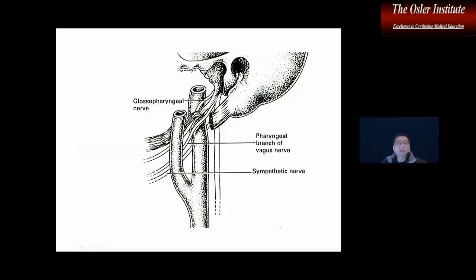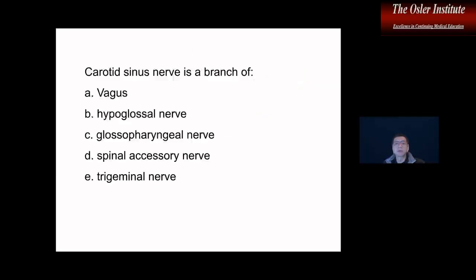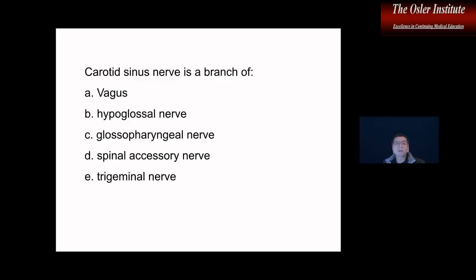This nerve usually drapes around the area of the carotid bulb. So when you dissect around this area, the patient could become bradycardic and hypotensive. This is the same nerve that can also be involved when you do carotid artery stenting. When you inflate a balloon, the glossopharyngeal nerve can be irritated, resulting in a similar hemodynamic problem, bradycardia and hypotension. So that nerve is being irritated.